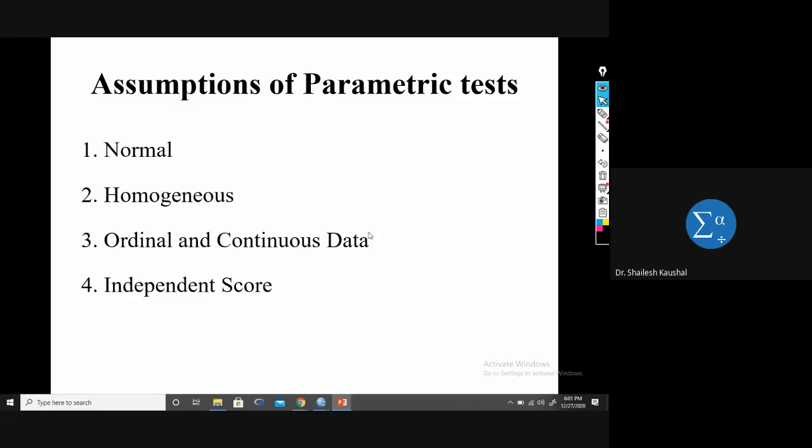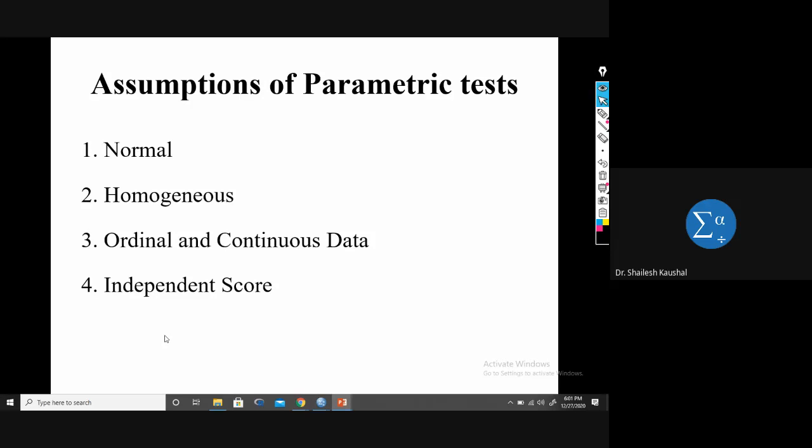So first of all, we should understand what is a parametric test and how parametric test is different from the other non-parametric test. But before starting the parametric and non-parametric test, we should have an idea of the assumptions of parametric test. Is it clear?